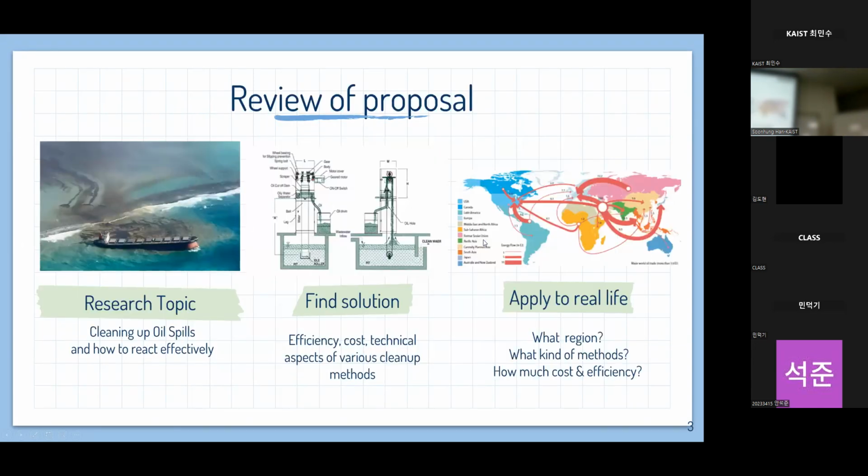And this is a review of the proposal. We decided on a research topic by focusing on reaction among the stages of oil spill prevention, reaction after oil spill, and protection. We'll find out efficient solutions and plan to apply them to real life.